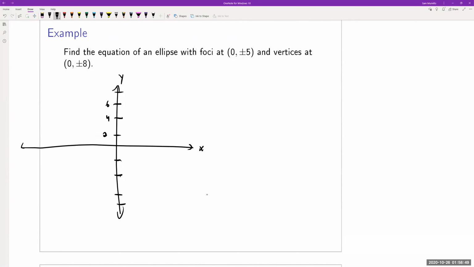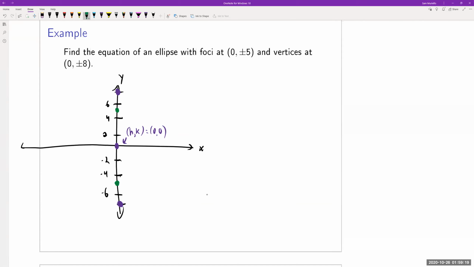So 2, 4, 6, -2, -4, -6. So our ellipse is going to go like so. So this will be the center. H comma k has to be 0, 0. We know this because the center always lies both directly between the vertices and also directly between the foci. Speaking of which, our foci are here.